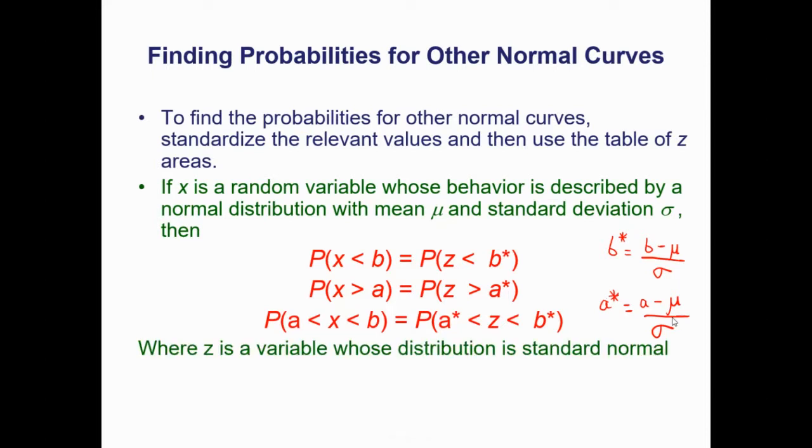So z is a variable whose distribution is the standard normal, and there's our formulas. We wrote them already, but that's what a star and b star are.